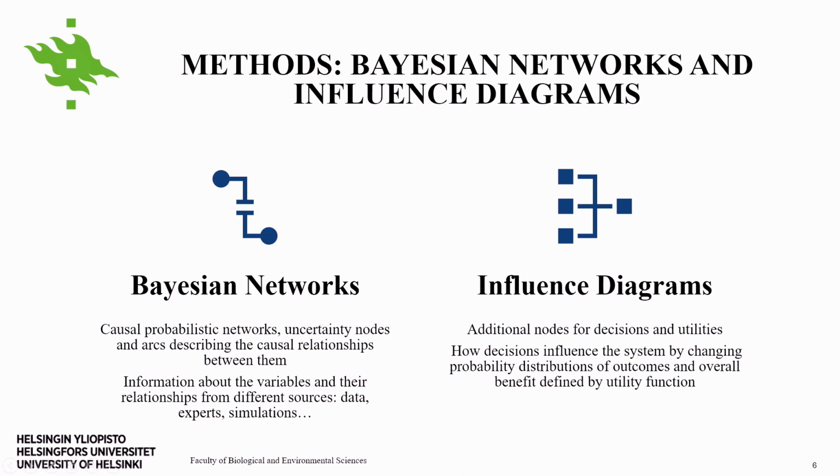The variables contain information as probability distributions, which can consist of current data, expert knowledge, or simulations. Influence diagrams are similar, but they also have additional nodes for decisions and utilities. The name influence diagram is quite good, as it tells us how a decision will influence our utilities in this network.